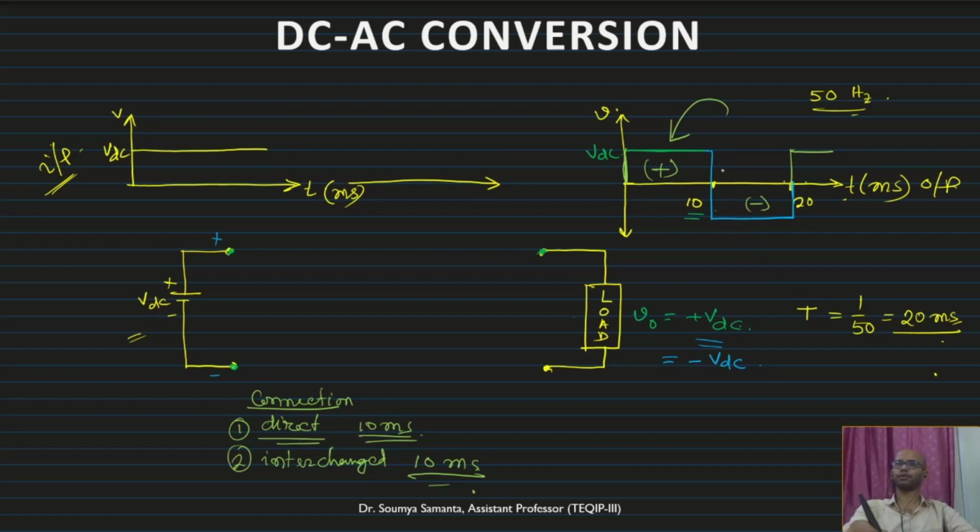But we know that as it is a periodic waveform, if we do the Fourier analysis, what will we get? We will get sinusoids of fundamental frequency f1, and along with that the third harmonic, that is 3 times f1, 5 times f1, 7 times f1, and it continues.